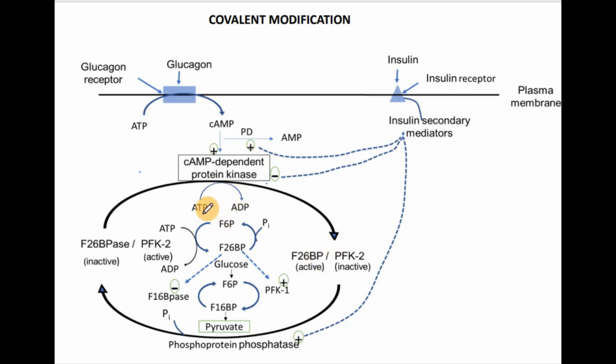The phosphorylation comes from removal of a phosphate group from ATP, which is then added to the bifunctional enzyme and makes the fructose 2,6-bisphosphatase active. Now, when you have fructose 2,6-bisphosphatase active, it means that, as we discussed earlier, let's go up and see.